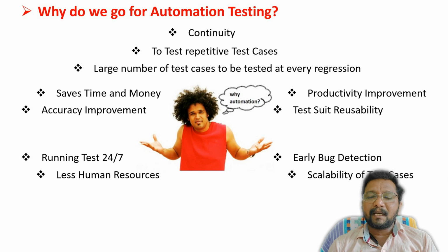The measurement that we calculated, that calculation will go wrong. That may affect the entire development time, plan, and release time also. But if we go with automation, this is very less.